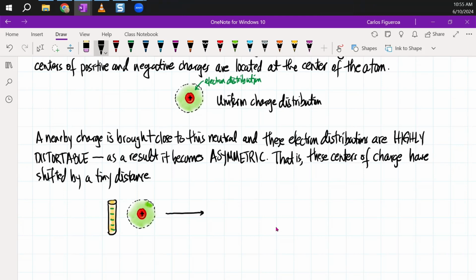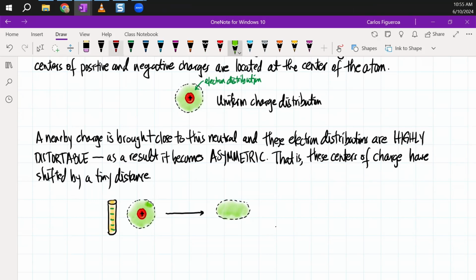So instead of it being circular, I now have an asymmetric shape. I still have my electron distribution, my probability function, but now the centers have shifted.